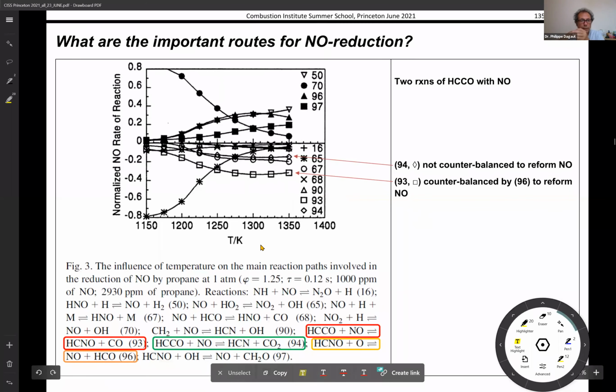Here we studied the interaction between NO and propane. I will present later this type of interaction where we can reduce nitric oxide by introducing hydrocarbons, and radicals generated by the oxidation of hydrocarbons can interact with NO and transform it through several steps to molecular nitrogen.